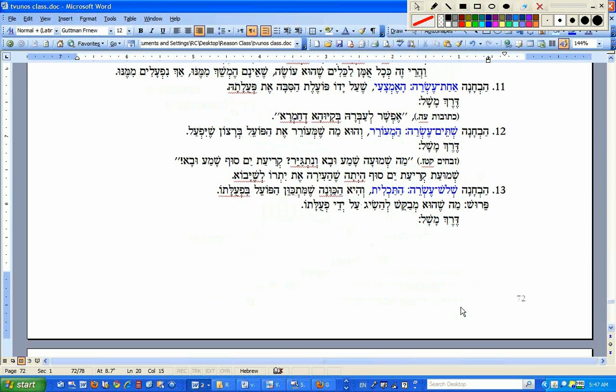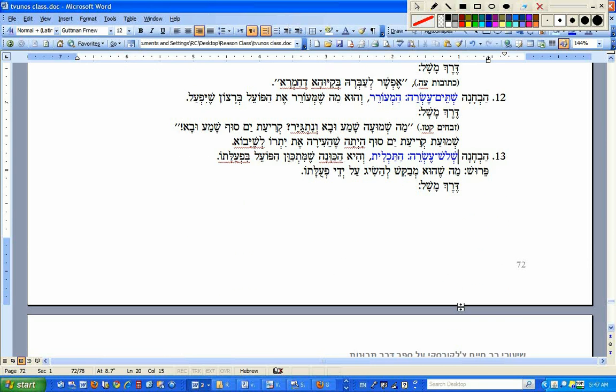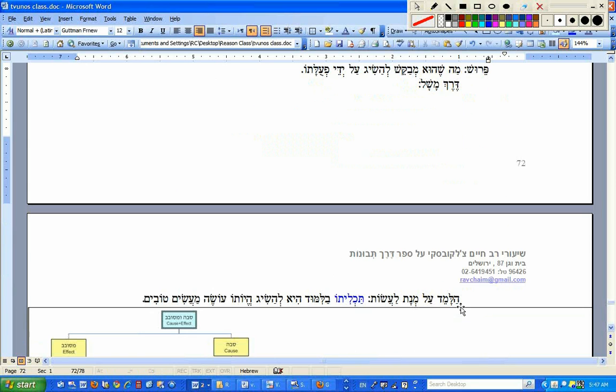That's the reason why he's doing it. That's the purpose why he's doing it. For instance, halomed almanat lasos. A person should learn in order to do. So tachliso belimud hu lahasig yosa olse ma'asatovim. The goal of the learning is to do a good act.